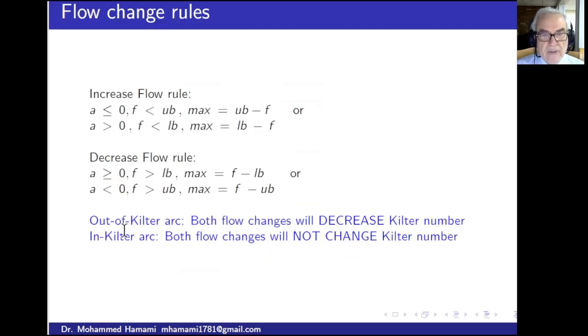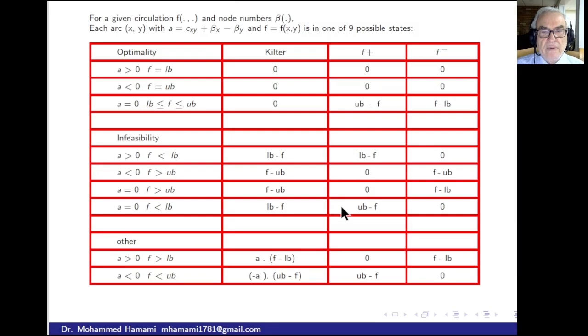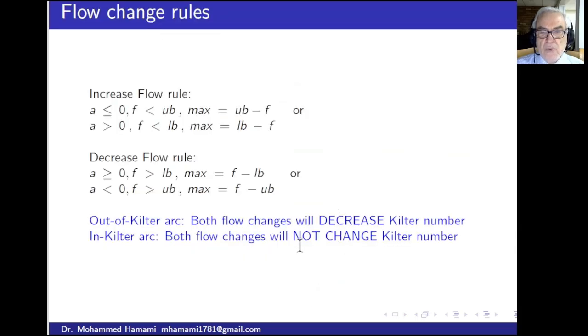So to summarize, for an out of Kilter arc, that means k is not 0, both flow changes, the increased flow or the decreased flow, will decrease the Kilter number of that specific arc. And for an in Kilter arc, both flow changes will not change the Kilter number. It will stay 0, which is important. So these are the rules, and the limitation on how much flow change we can do.